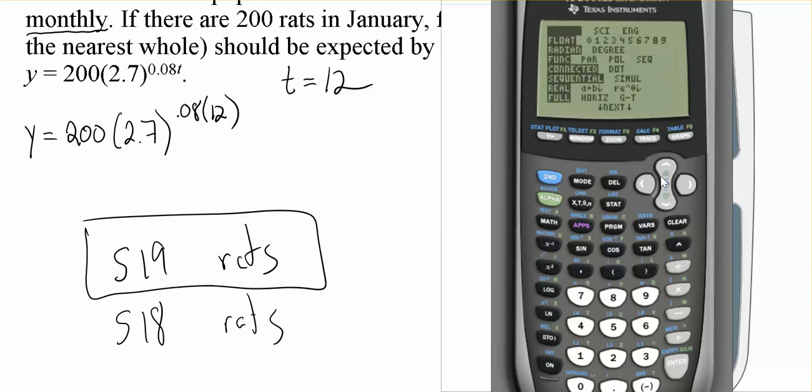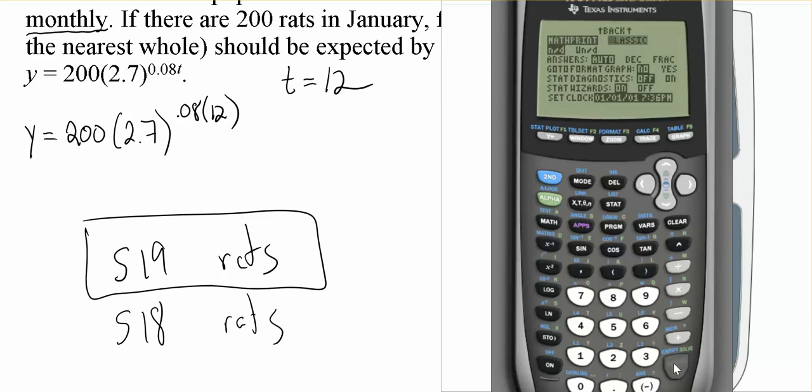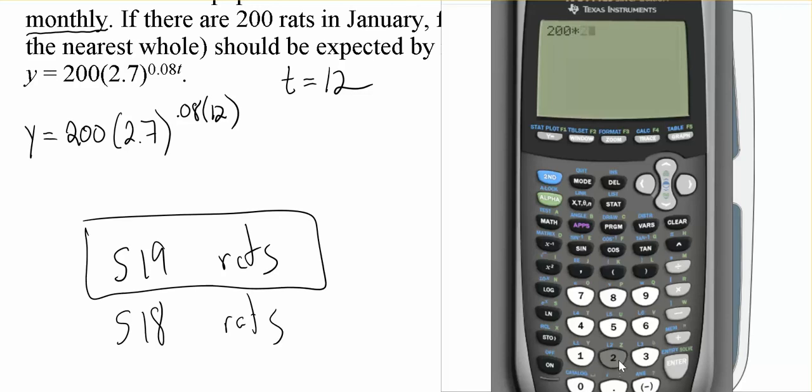Let me change the mode real quick, just so that people who don't have this math print mode in their graphing calculator can see what it's going to look like. So if we have 200 times 2.7 to the power of, at this point we do not want to say 0.08 times 12, and I want to point out why. What I have typed is incorrect, just to be clear.